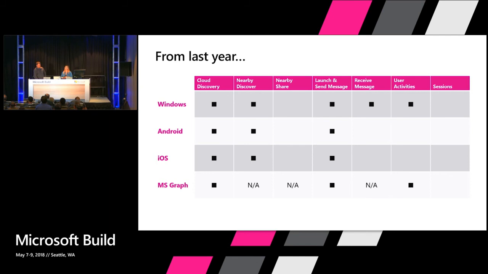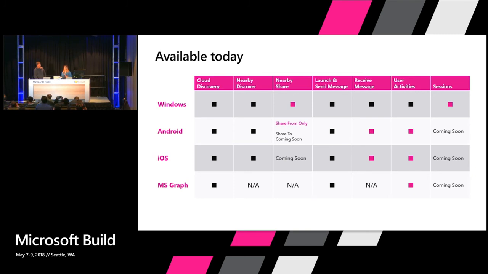So those of you who were at the session last year for Project Rome might remember that we announced the iOS and Microsoft Graph APIs to complement the experiences we were building for Windows. Well, you might have noticed by now, it's been a really busy year for us. So we're super excited to bring you guys Nearby Share on Android and Windows, receiving messages on Windows, Android, and iOS, user activities across the board, including Microsoft Graph, and sessions on Windows.